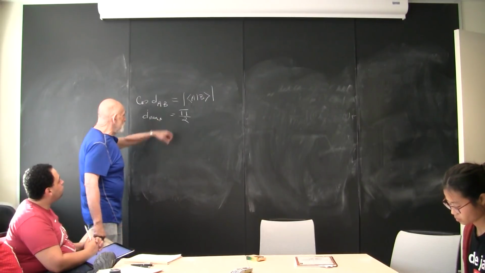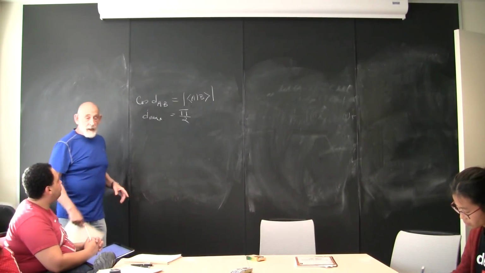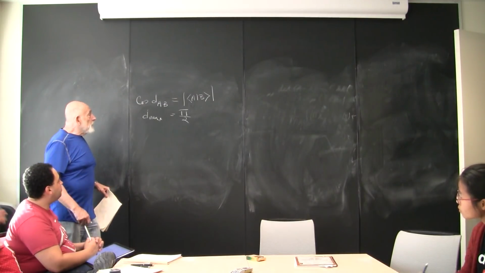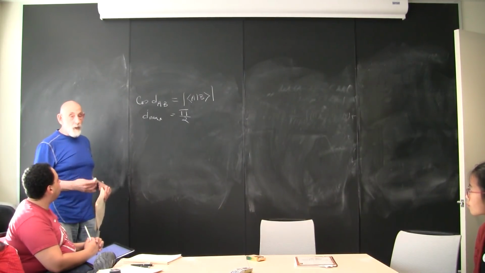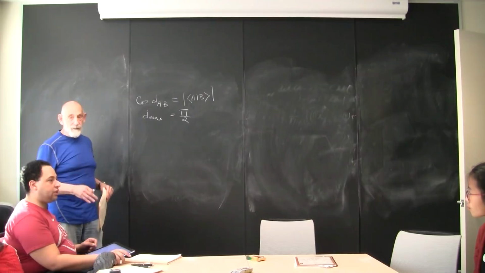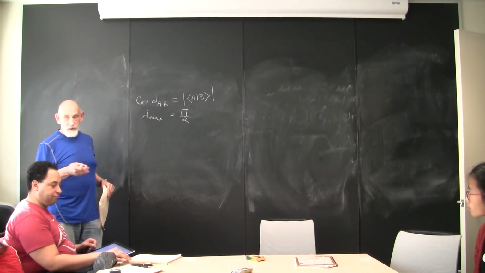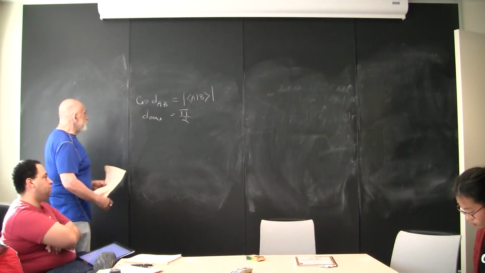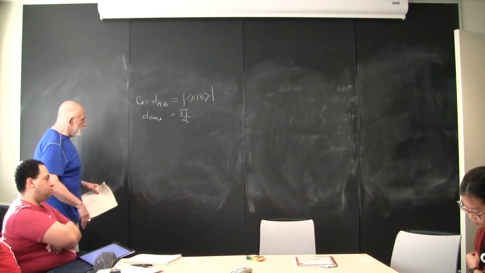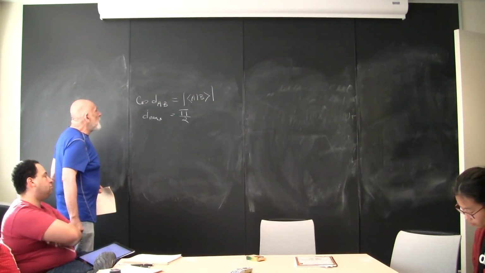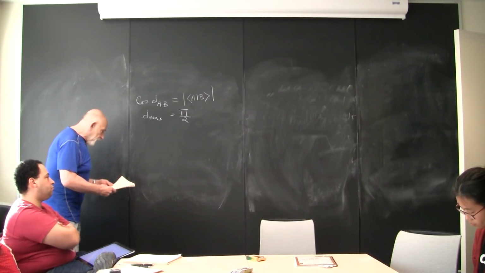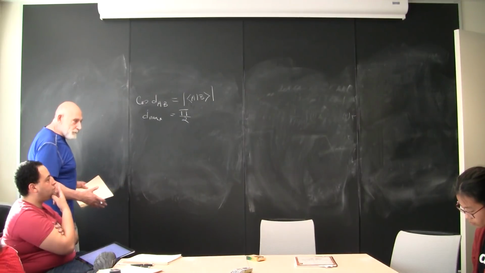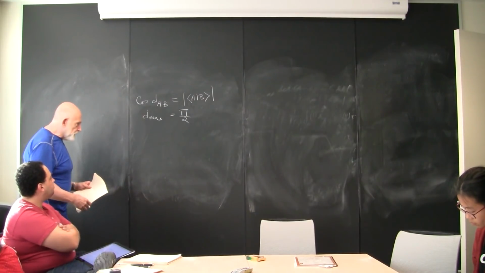It never gets bigger than pi over 2, which is reached when states become orthogonal. In classical physics, any pair of distinct states are orthogonal, meaning distinguishable.